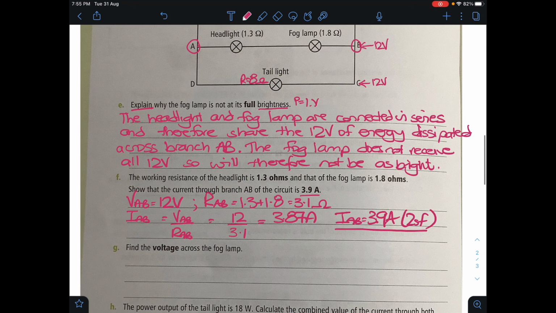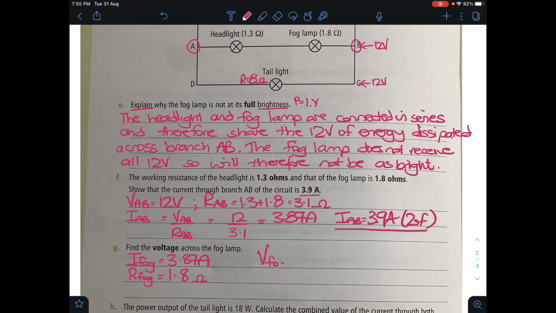Find the voltage across the fog lamp. So we know that in series, current is always the same. So the current going through the fog lamp is 3.87 amps. The resistance of the fog lamp is 1.8 ohms.